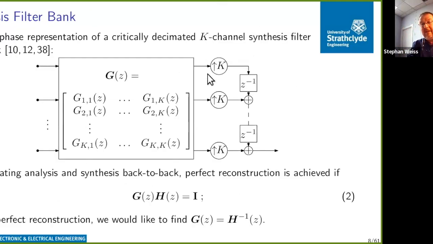You can do the same thing with a synthesis filter bank, so the dual operation that tries to reconstruct your original full band signal from the subband signals, and you can also use a polyphase representation. So in this case, you go through a polyphase network first, your polyphase synthesis matrix, before you perform a multiplexing operation to tie your full band signal back together again.